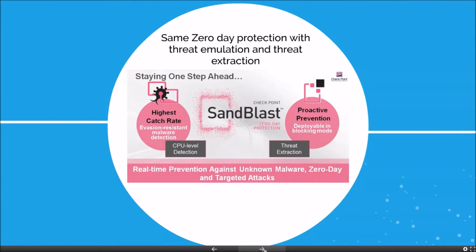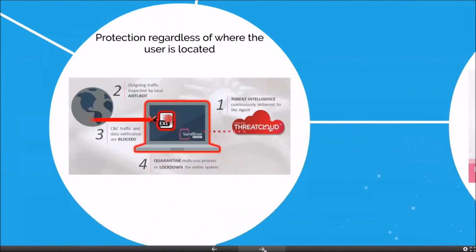So the CPU level detection is there. Again, it can be running in the cloud-based service, or it can be running on a local threat appliance that is providing the whole corporation with an emulation environment on premise. And then that threat extraction technology exists on the agent as well as on the Sandblast appliances.